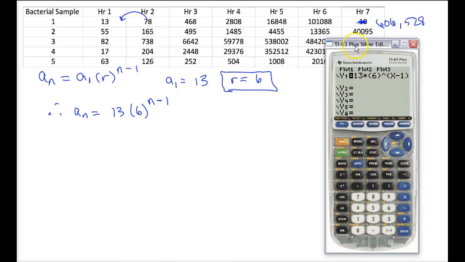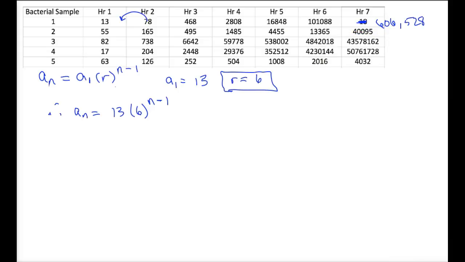And so now all I have to do is tell my calculator to evaluate n when it is 8, when it is 10, and when it is 12, and then again when it's 24.